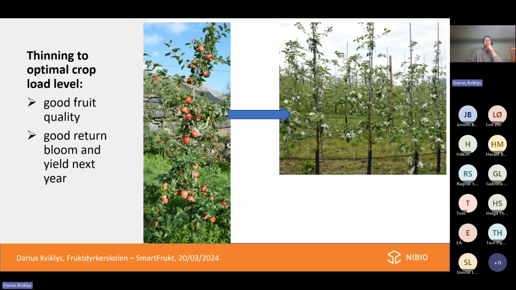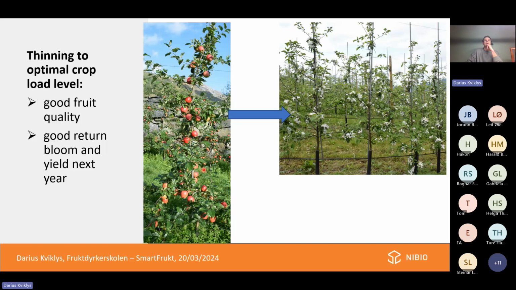So here is a tree which has optimal fruit load. Last year, when we were harvesting several times at optimal crop load and early thinning, we harvested almost 100% in one peak.